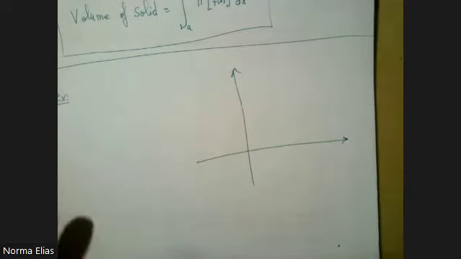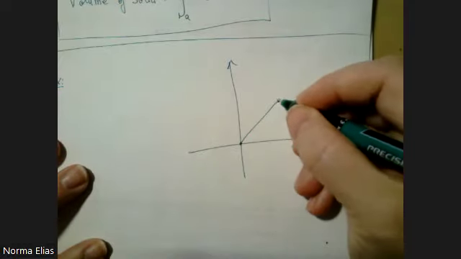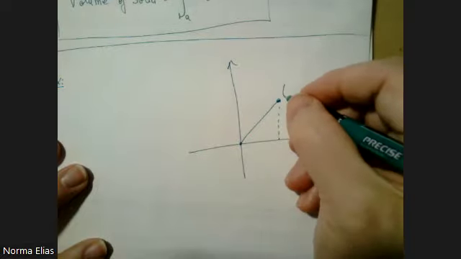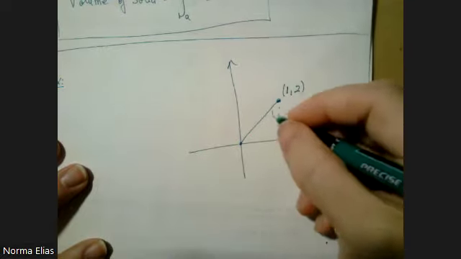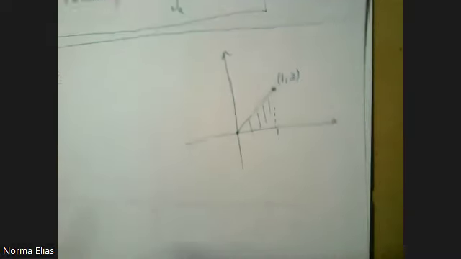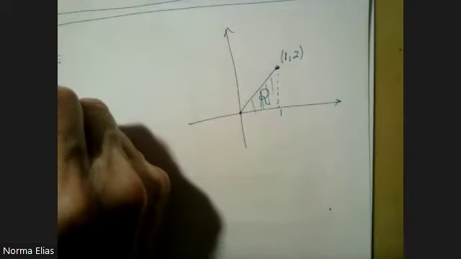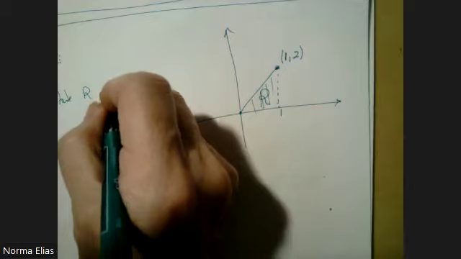I started with a cone, so why not a cone? So suppose I have the following picture here. Let me make up numbers. Suppose I put 1 here and 2 here. That's the region, and so that's region R. The question is, rotate R about the x-axis.